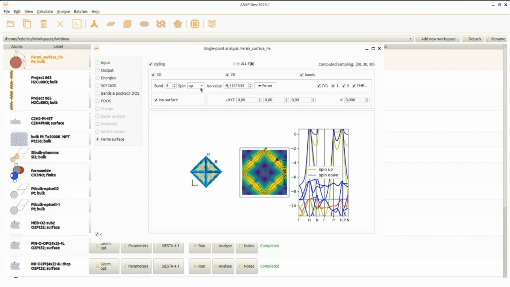You can play with many numbers, change the iso value, change spin up and spin down, and see how the image is changing, and look exactly at the Fermi energy value. What is the isosurface within the cell? I didn't specify, but this is a kind of project that is available only when you have a periodic system.